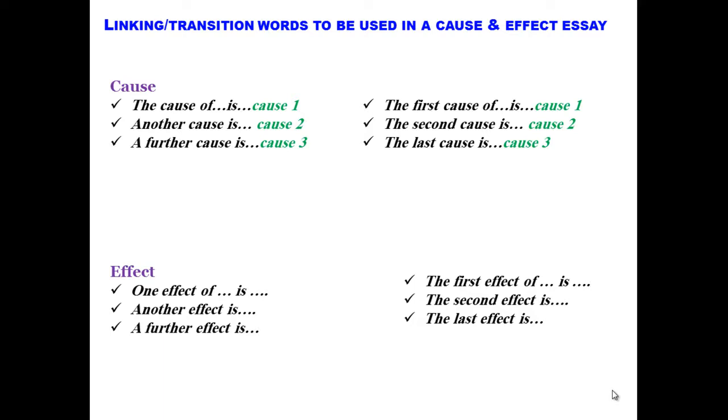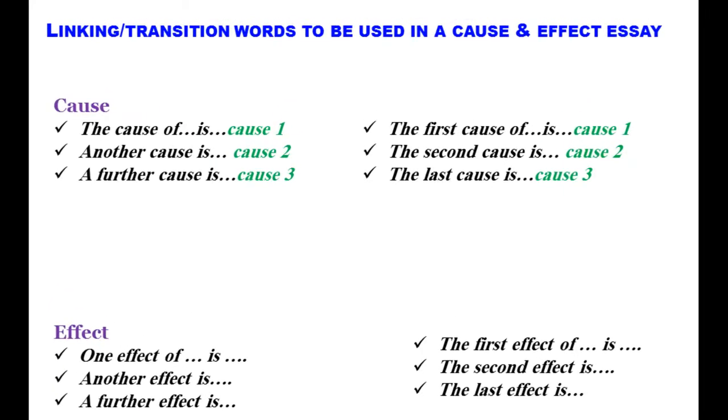The following are some linking words or linking phrases that can be used when writing a cause and effect essay. So for listing your causes, you can use the phrases the cause of is, another cause is, a further cause is, or the first cause of is, the second cause is, or the last cause is.